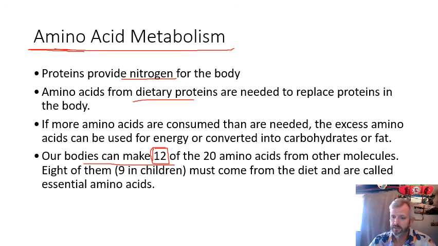If we don't get them in the diet, we don't have them, and we can't build whatever proteins require those other 8 amino acids, because we cannot make them. For the other 12, we have molecules in our body we can convert to make these amino acids. So that is the difference between essential and non-essential. Non-essential we can make, because we have the enzymes to make them. The 8 essential we don't have the enzymes for, and you have to get those through your diet.